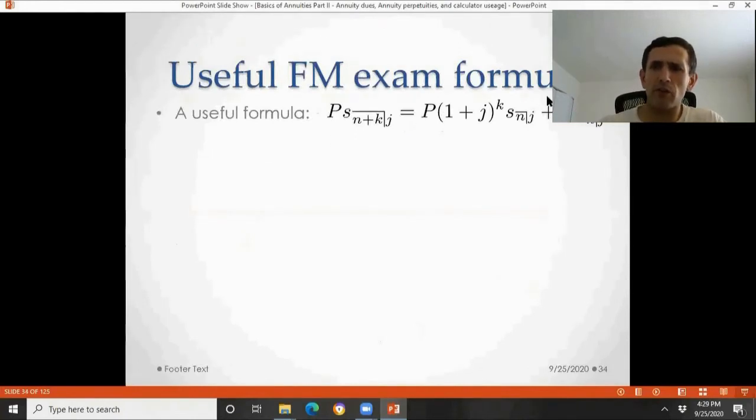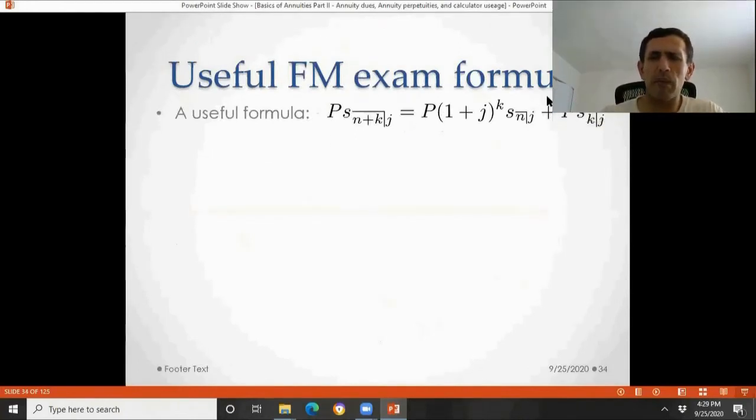Okay, and so there's a formula that's sometimes used comparing an annuity due. The same formula is basically true for the present value of an annuity due or an annuity immediate. And the same formula is basically true for the accumulated value of an annuity due.